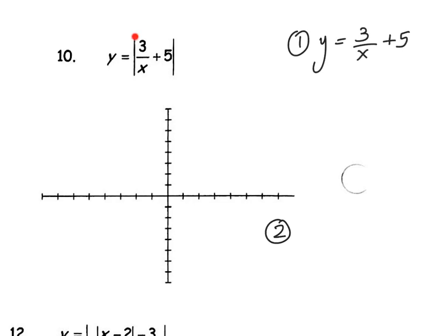Now, as you can see, this absolute value is not only over x, but it's over the whole thing. So that's the absolute value of y. And remember, what do I do whenever I have the absolute value around the whole function? I bounce up from the x-axis. Okay?